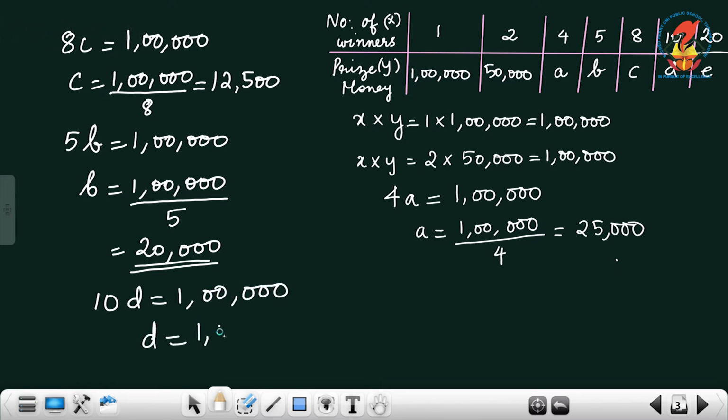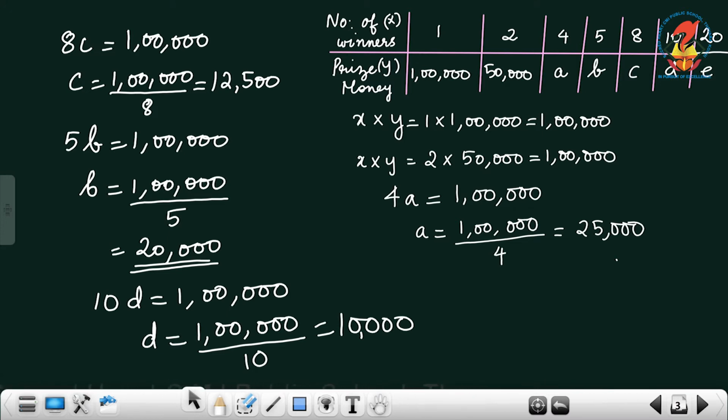So D will be 1 lakh by 10, which is equal to 10,000. So here you can see, children, when there are 4 winners, each person gets 25,000.